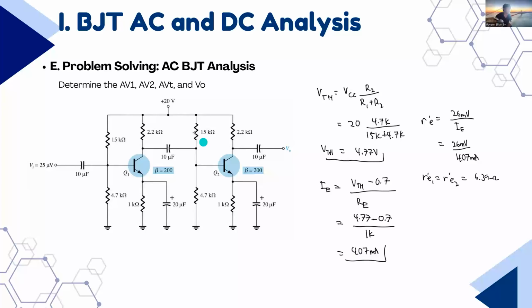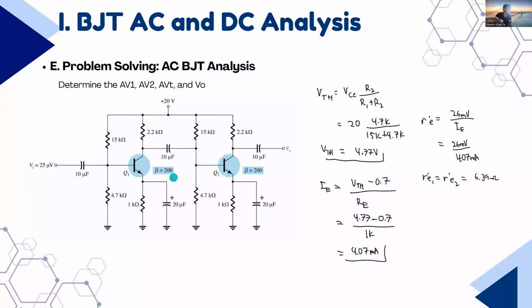Then we get the RE. Since this is a two-stage, as we can observe, all of the components have the same values: 15 kilo ohms for R1, 4.7 for R2, 2.2 for RC, and 1 kilo for RE.